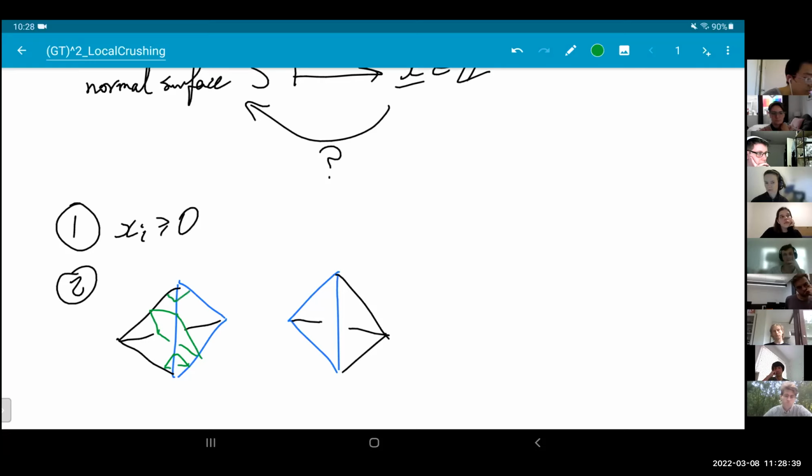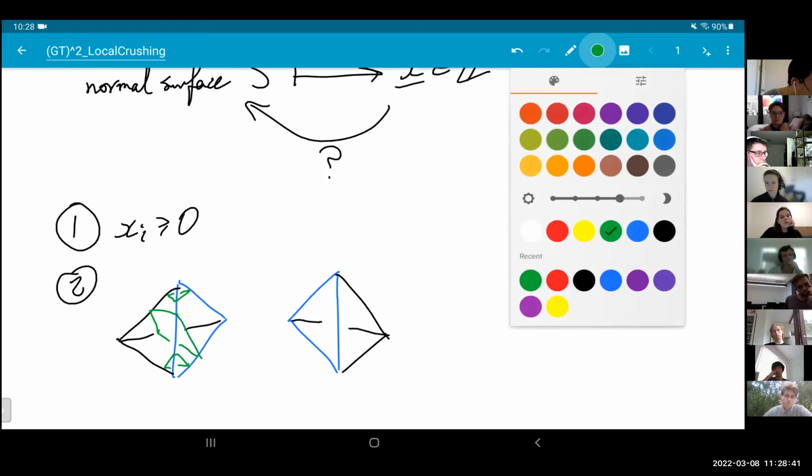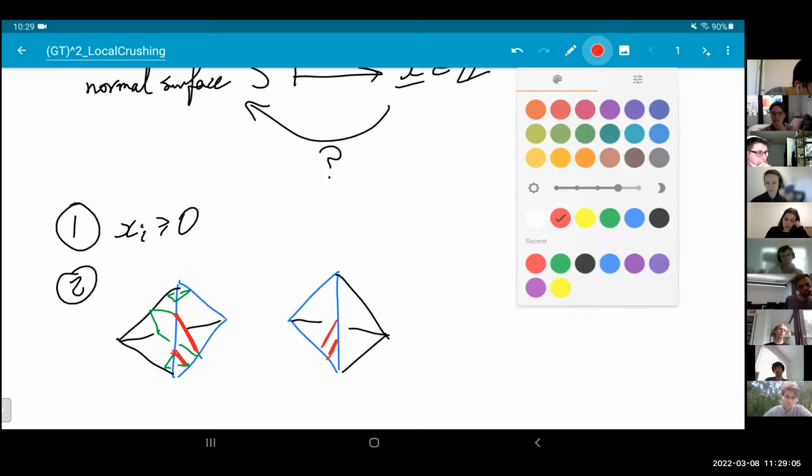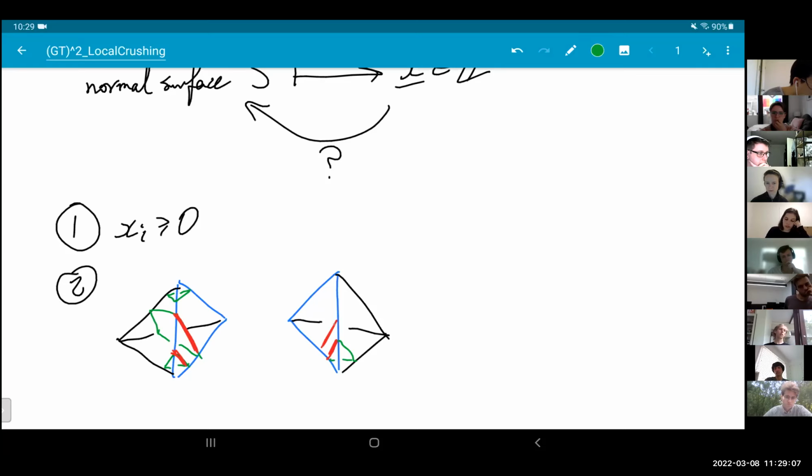All right, so let's say we have this in the left-hand tetrahedron. What we do is we look at these two arcs, right? Because the two triangles are glued together, whatever you have in the right-hand side tetrahedron, you've got to have those two arcs. So maybe it's these triangles, for example.